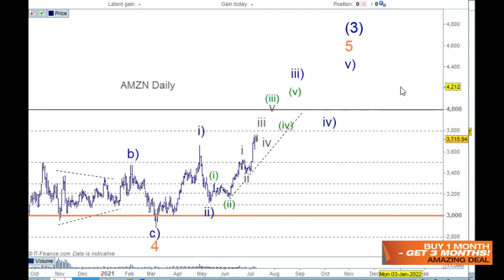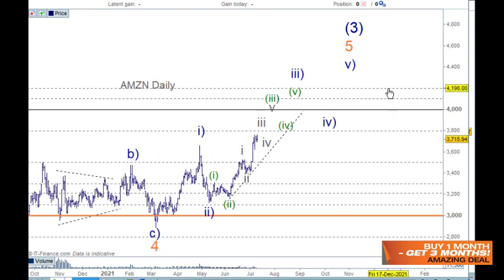Even at minimum, we should get up to 4.3 up here somewhere. Maybe a lot higher. I don't know that just yet. We may get to 4.5, but it sort of makes it worthwhile.